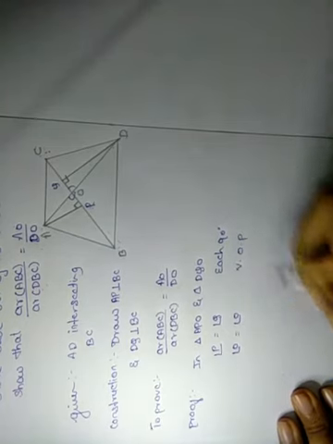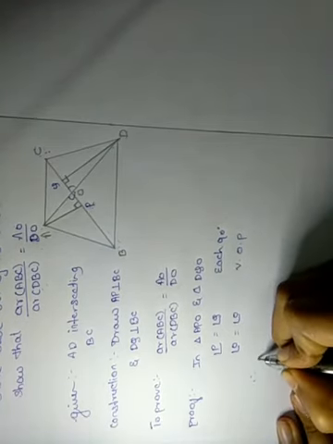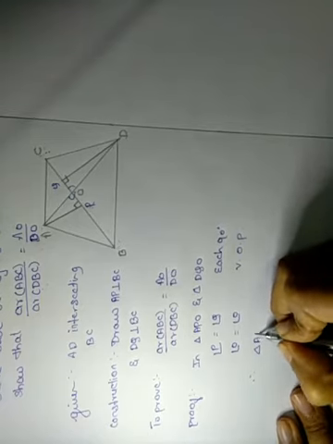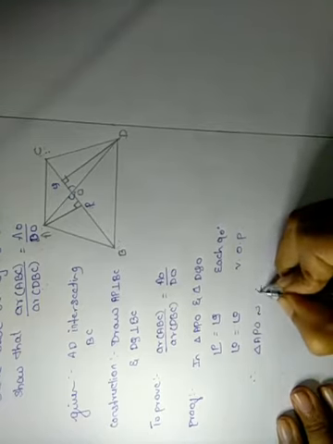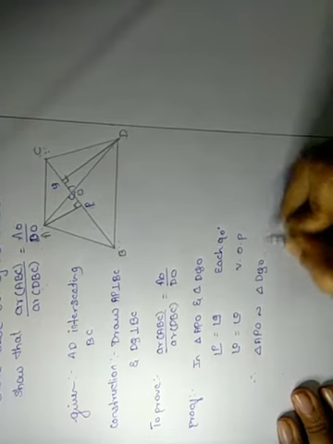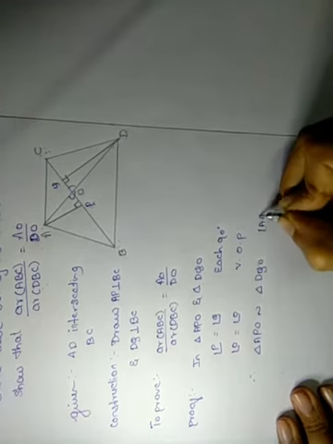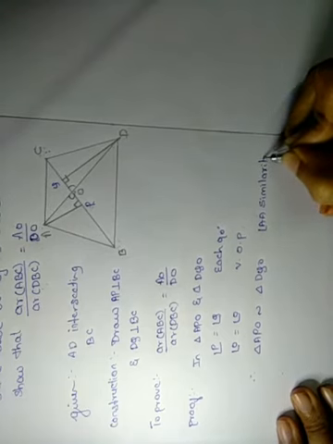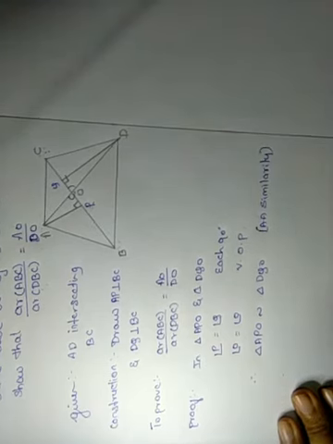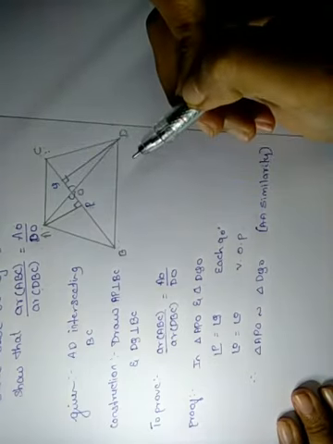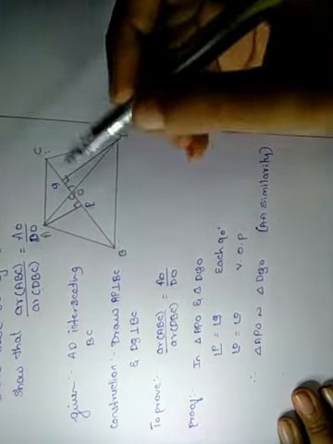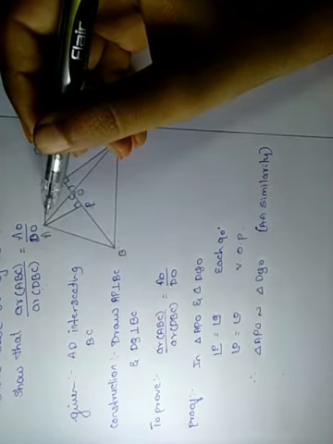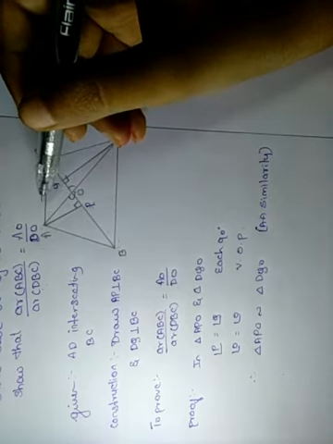Therefore, by the angle criterion, triangle APO is similar to triangle DQO by angle similarity. Then if these two triangles are similar, the corresponding ratios are in proportion.